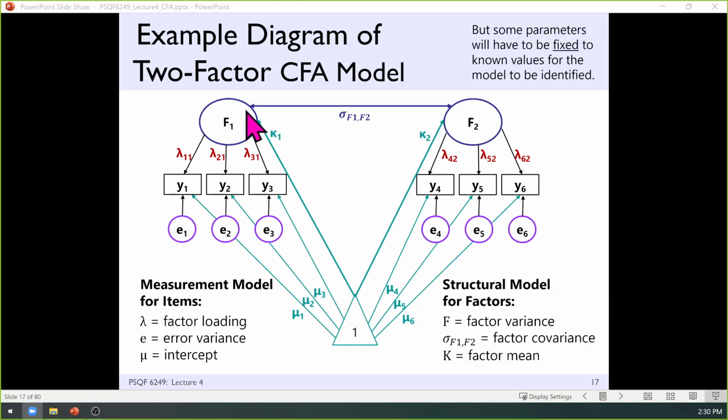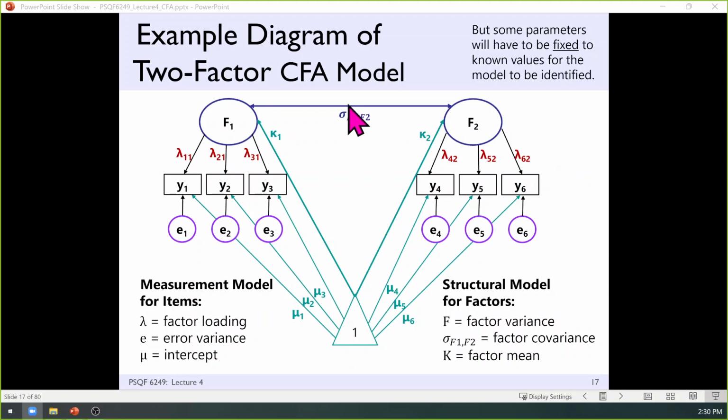There's only one way to get there, over here. So I got to pick up the covariance, then I'm here, and then I come back down and pick up this loading to get to y6. So then the model says the covariance between y1 and y6 is whatever this number is times that number times that number.